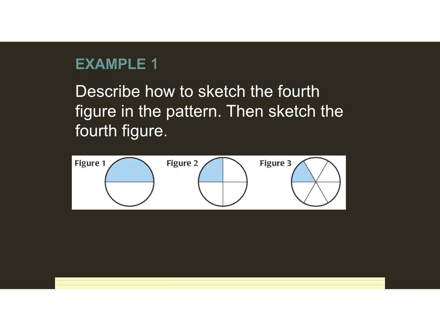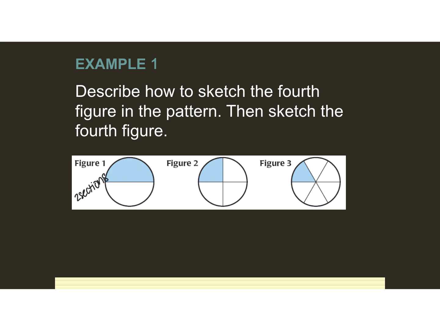All right, looking at example number 1. Describe how to sketch the 4th figure in the pattern, then sketch the 4th figure. So when I'm looking at this figure, let's make some observations about the figure. Okay, looking at my shapes, what can we tell? How many sections are there in my shape? So looking at figure 1, I have 2 sections.